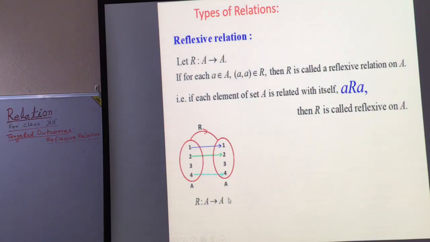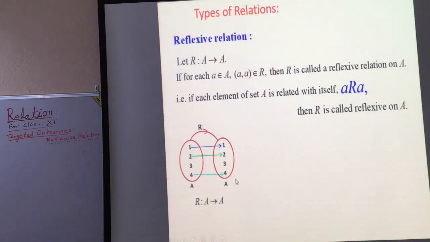As per definition, a relation on A will be called reflexive relation if each element of this set is related with itself. Observe, 1 is related with 1, 2 is related with 2, 4 is related with 4, but this element 3 is not related with itself.